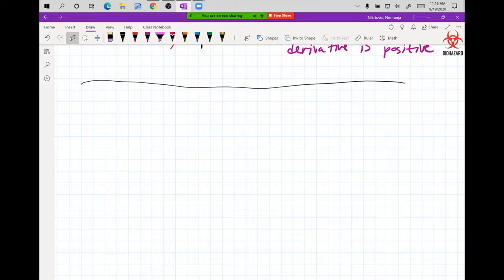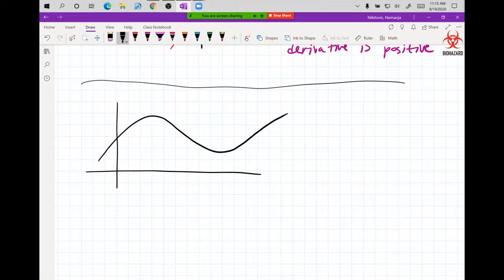So if I have some arbitrary function f doing stuff like that, and that's my function f of x, I'm going to pick the maximum and the minimum of there we go.